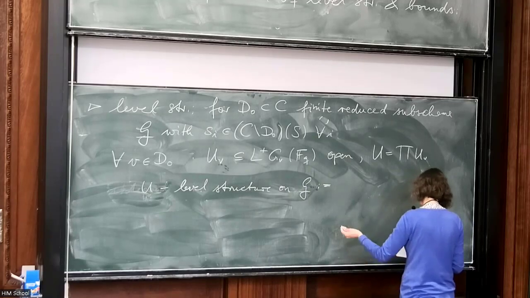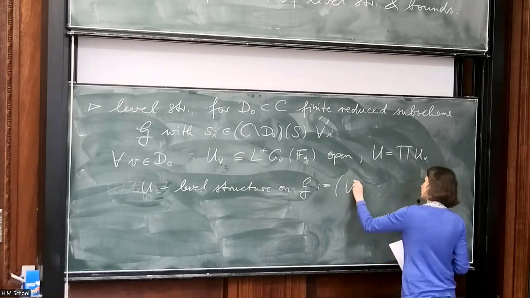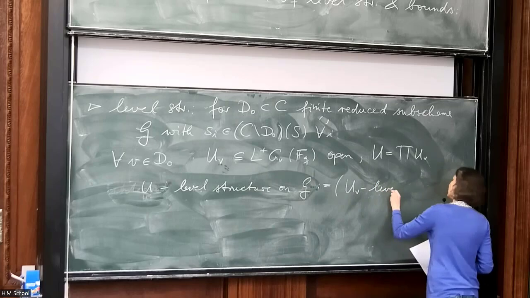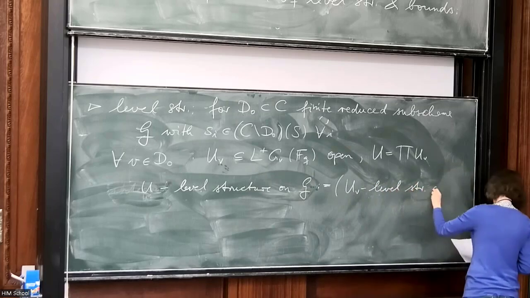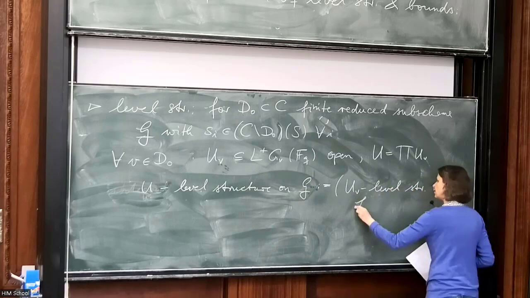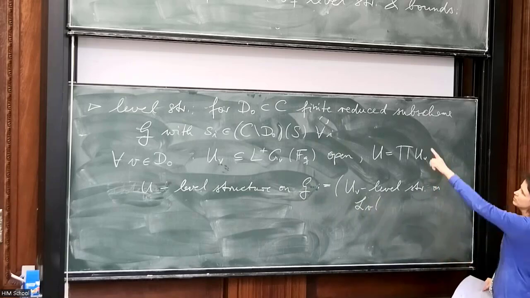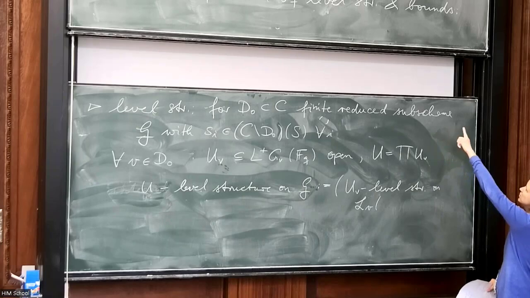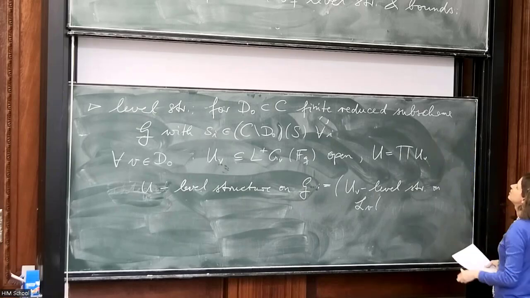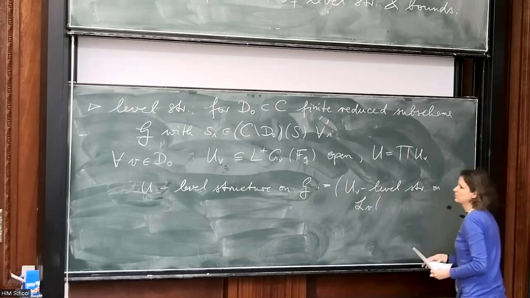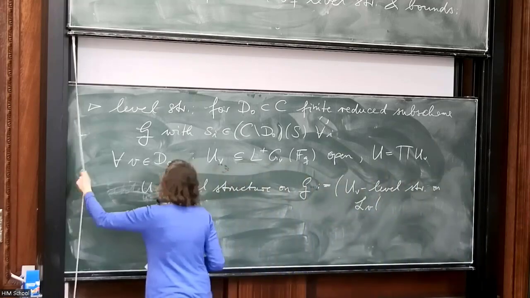Okay, so a U_v level structure on L_v. I write L_v. I didn't introduce that; I introduced only L_1 to L_n, but by the same construction. Maybe I can put that notation on this upper board.